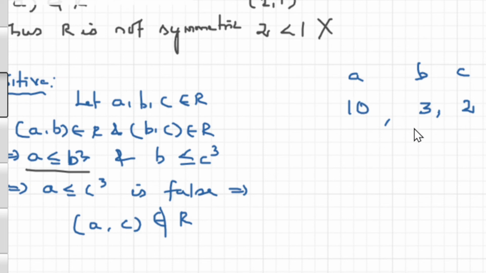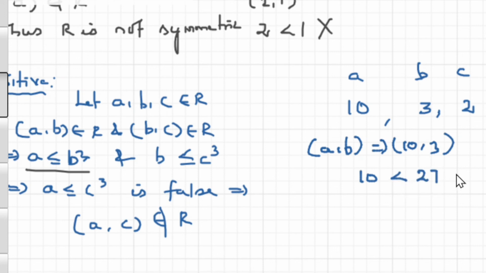I am taking 10, 3 and 2. Here a comma b is 10 comma 3. Then a is less than b cube, so 10 is less than the cube of 3, which is 27. This is true. When we compare b comma c, here we have 3 comma 2, and 3 is less than the cube of 2, which is 8.